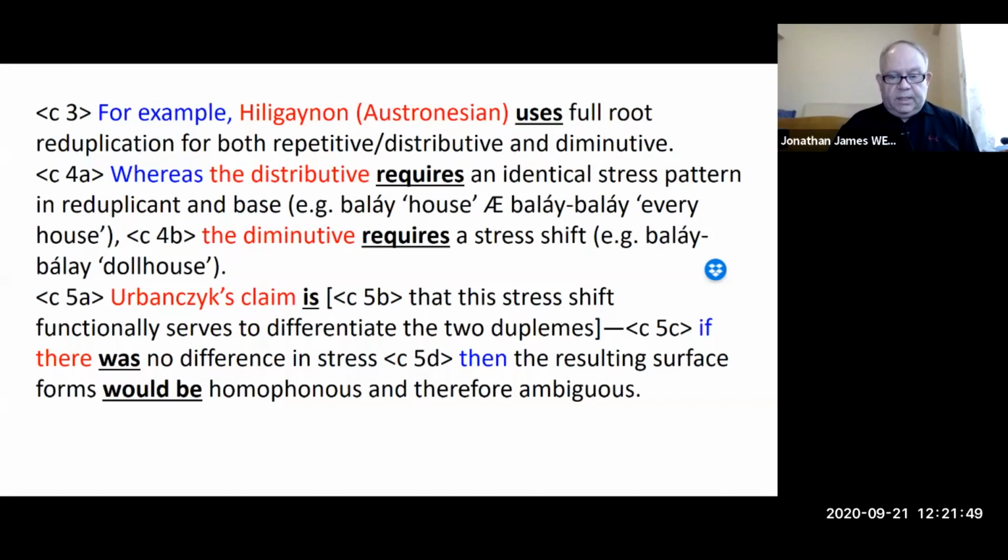Urbanchik's claim is. Now, here's an interesting thing. It's a bit different than what I've mentioned. I again have square brackets. Again, though, it's not modifying a noun. So what is this?